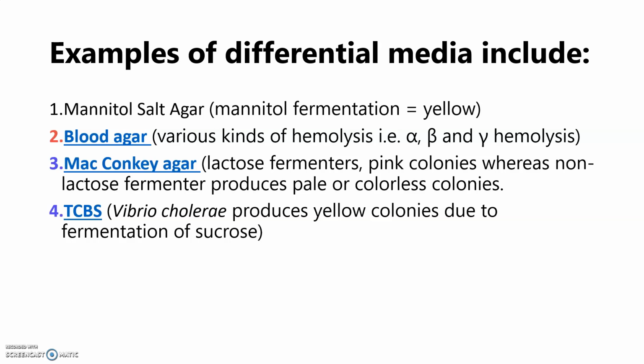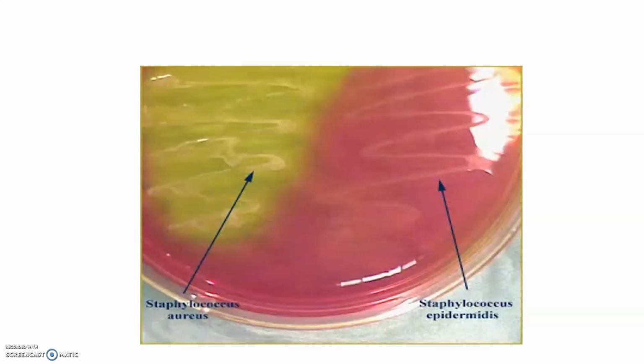Next is TCBS, where Vibrio cholerae produces yellow colonies. That is because of the fermentation of sucrose, because this medium consists of sucrose. So as a result of the fermentation of sucrose, the colonies of Vibrio cholerae appear yellow. If this type of medium produces yellow colony, we can identify that this plate contains Vibrio cholerae pathogen, like that.